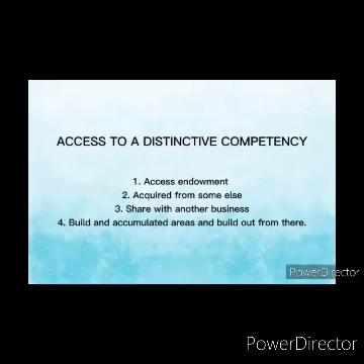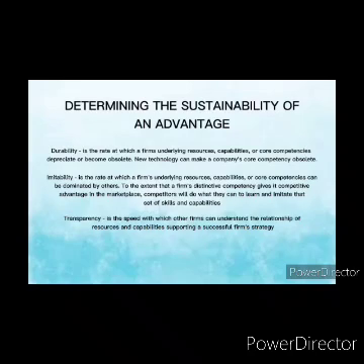Partnership, being a team. So build and accumulate within the company. So you can extend your expertise in a certain area and build out from there. So those are the 4 elements of access to a distinctive competency.